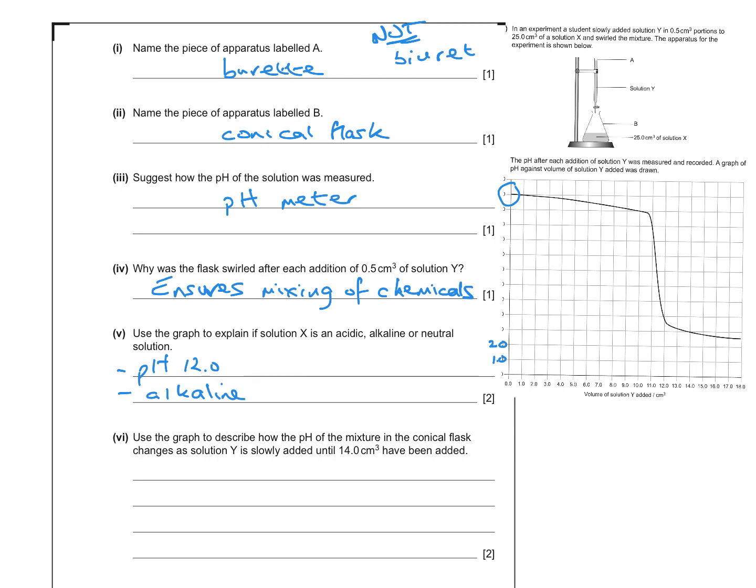And then on to part 6. So we're now going to use the graph here to describe how the pH changes as acid is added to it. Well, you can see that the pH falls overall.